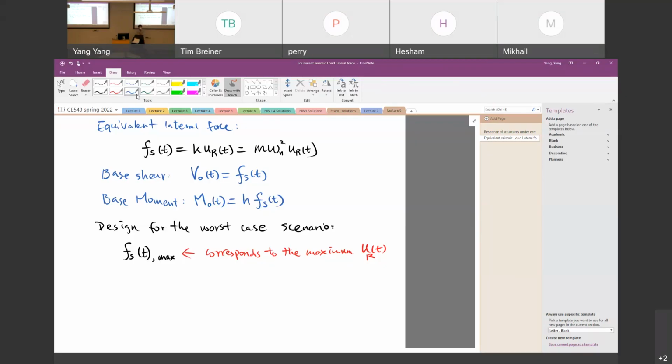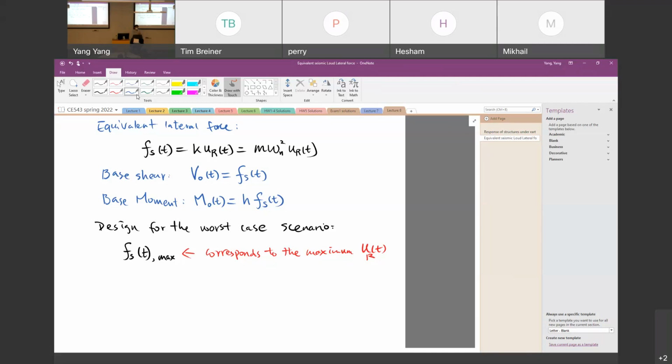So for example, if we have a 12-inch diameter column over here, the maximum displacement is a function of the size of the column, because the size of the column determines the K value of the structure. And if the K value changes, the maximum displacement changes.